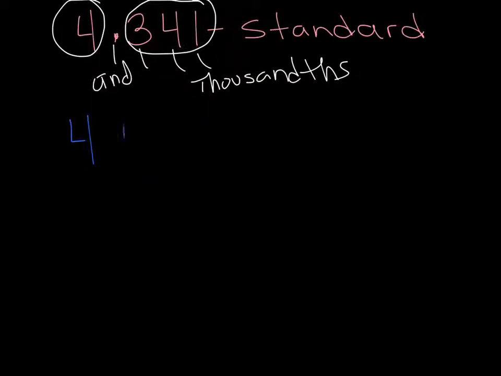And then I'm going to add the next digit, which is a 3, but it's not just a 3, it's 3/10 because this place value is tenths. And so I'm going to add a decimal 3 to show that it's 3/10. Then I'm going to add my next digit, which is a 4 in the hundredths place, and I have to do that with a decimal 0.4.